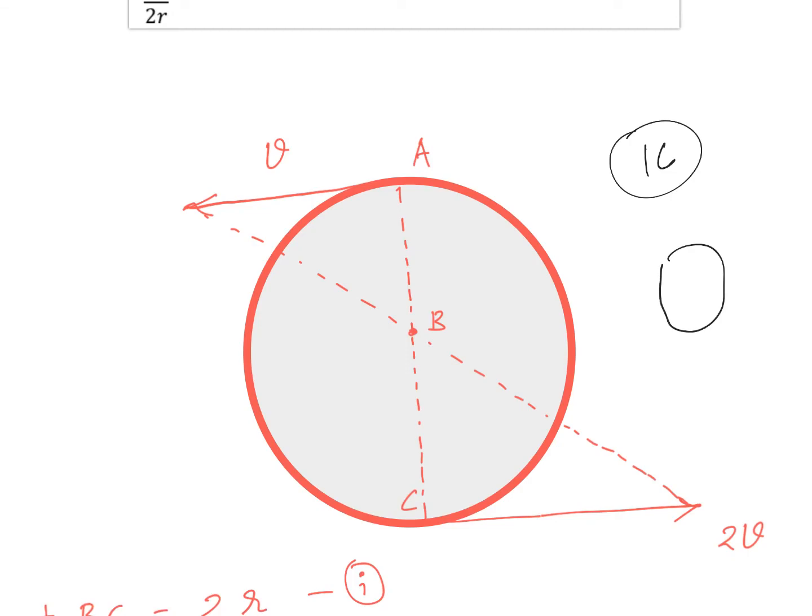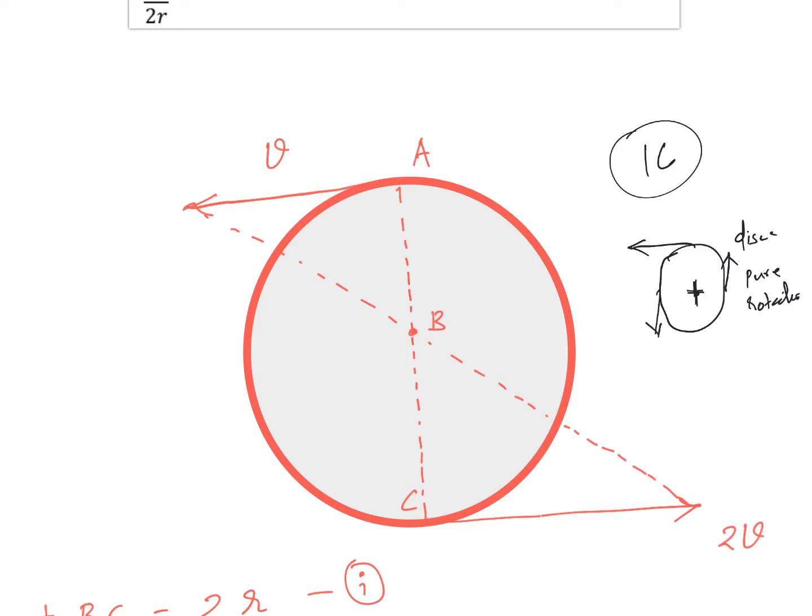For a disk undergoing pure rotation, the instantaneous center is always at the center. Then this point will have a velocity in this direction, and this point in this direction.